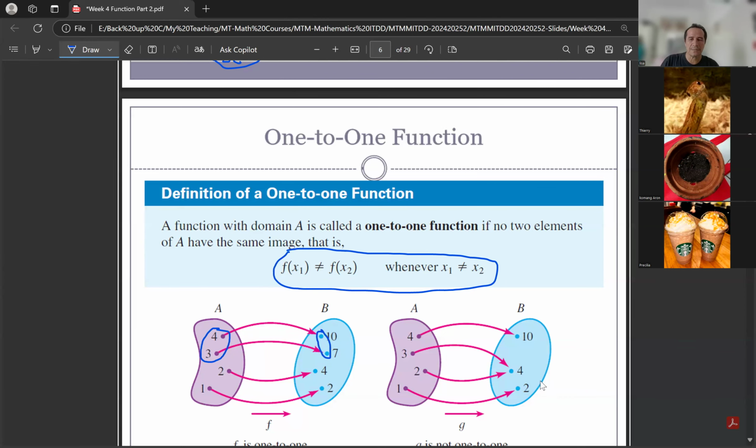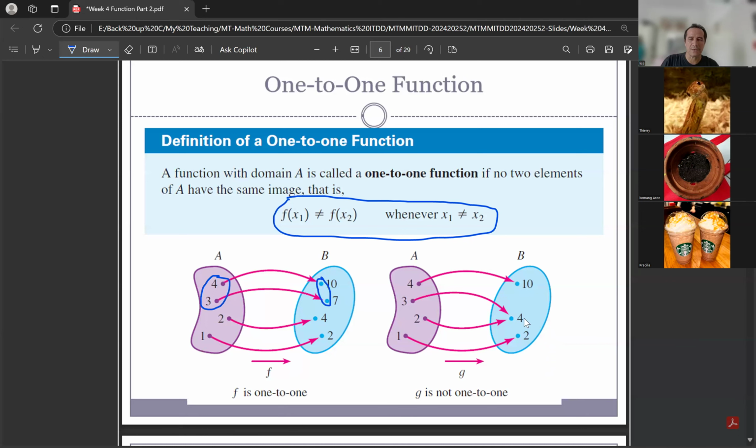So it cannot be a function like this. Sorry, this is a function. g is a function, but g is not a one-to-one function, because we have one element in B which has two different elements in A. So this is not a one-to-one function.